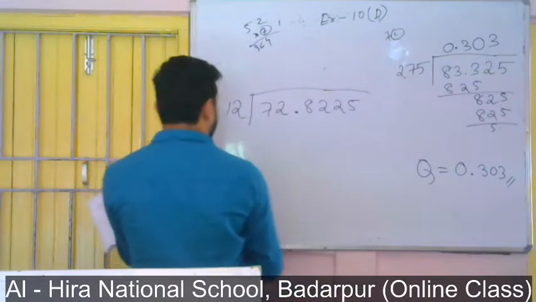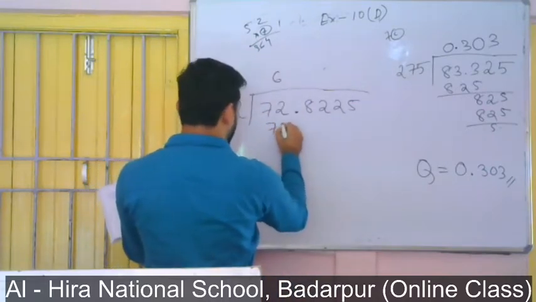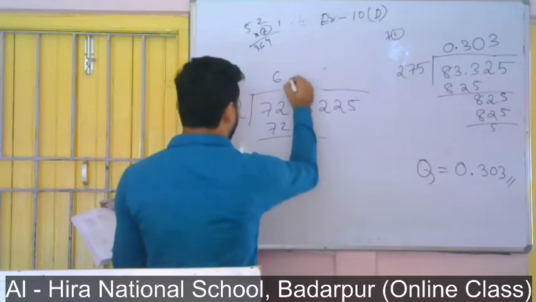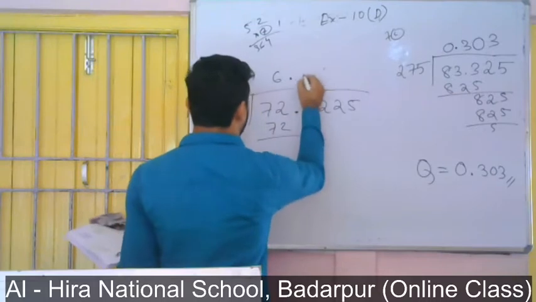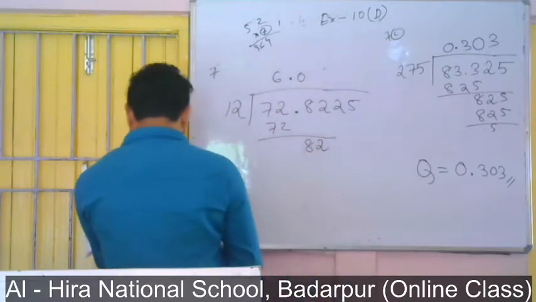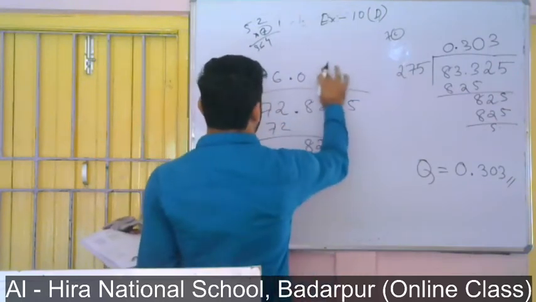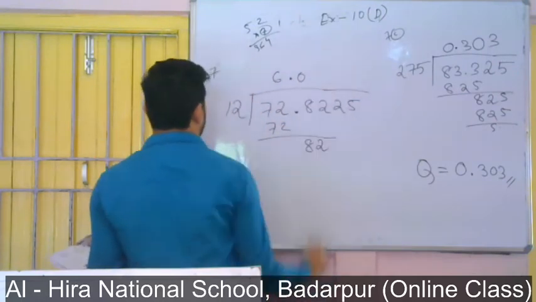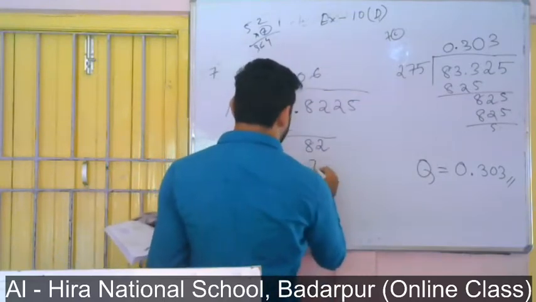Now okay, 12 6s are what? 72. Okay, then you are getting point. After that 8 is not divisible, so we will put 0. Then we will take what? 2. Okay, then 6. 6 12s are 72.